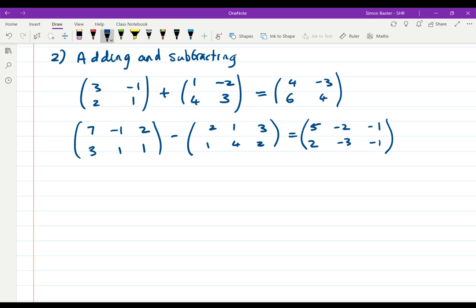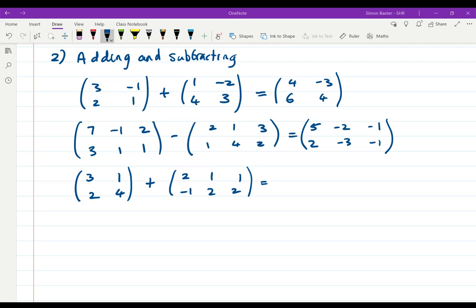What happens if we do this? 3, 1, 2, 4, plus 2, 1, 1, minus 1, 2, 2. What's that going to be equal to? Well, we can do 3 plus 2, 1 plus 1, and then we have a problem. We cannot add 2 matrices unless they are the same size.